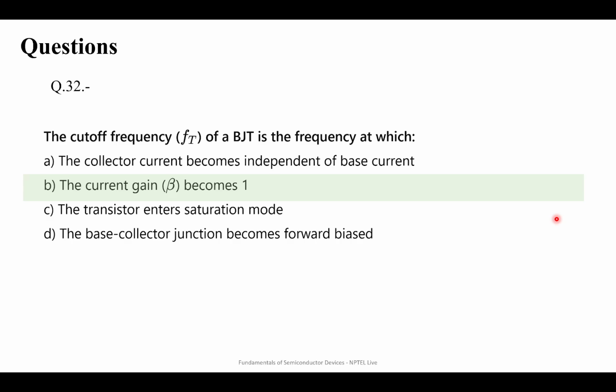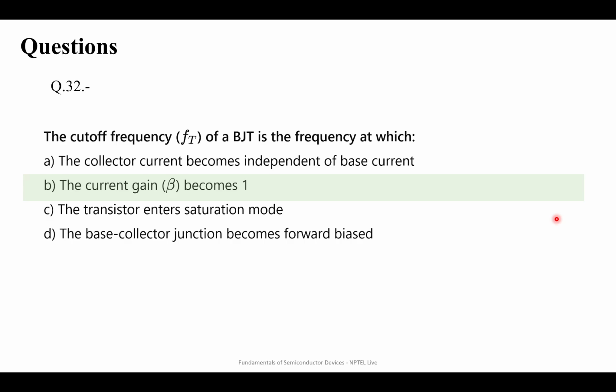As you increase the frequency of your BJT, you will have less and less time for your current to go from your base to your collector, and that will cause a decrease in your current gain. So at a particular frequency, your current gain will become 1, and if you go to a higher frequency, your current gain will become less than 1, and at that point, instead of being an amplifier, your BJT will start acting as a damper.